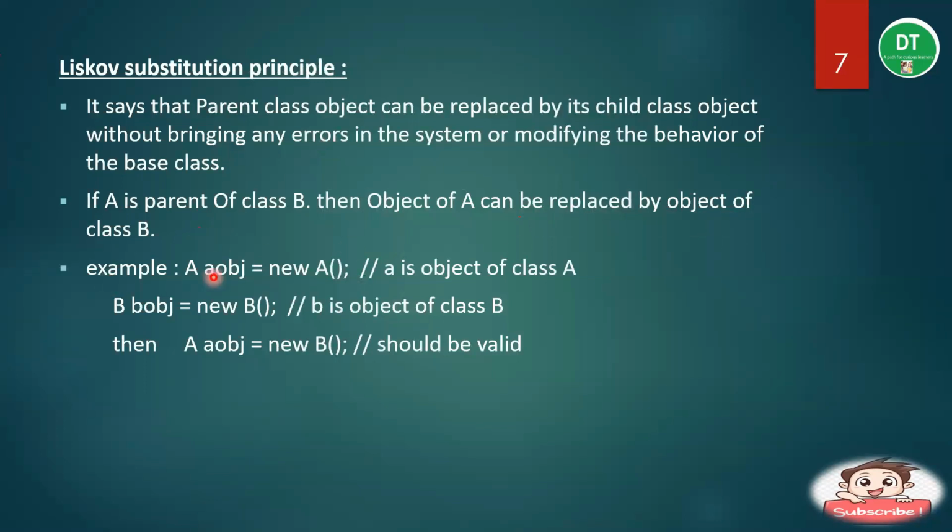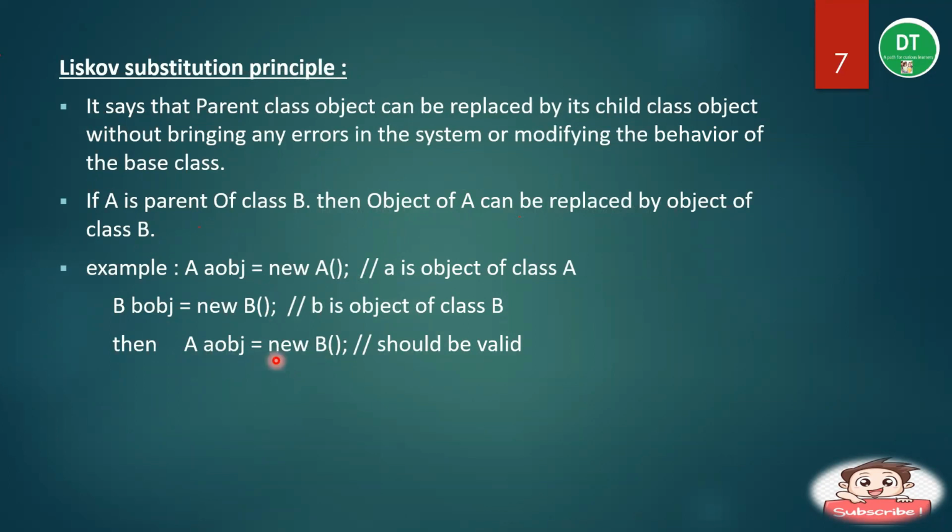So here you can see in the example, I'm having an object of class A, obj, and according to the Liskov substitution principle, a class A object can be replaced by a class B object if B is the child class of class A. So here I'm creating a B object, B obj of B class, and then according to the principle, this variable A obj of class A, I'm replacing it with the object of B class.